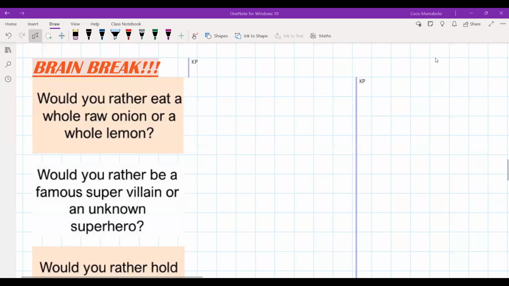Okay. It says here, would you rather eat a whole raw onion or a whole raw lemon, like a whole lemon? Pick one. Tell me in the chat. Teacher Simone, which one do you think you would do? For sure, a lemon. For sure.